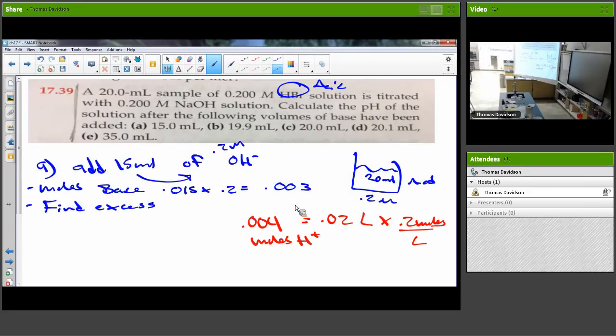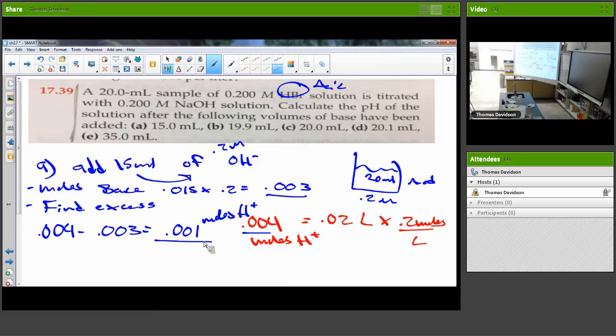So which one is in excess, this or this? The bigger number, the red one. That's my acid. So I take my acid, 0.004, I subtract my base, 0.003, and what do I get? 0.001. Now that's moles of H plus, correct? Now I can't get pH yet. I have to do one more thing before I can solve for pH.